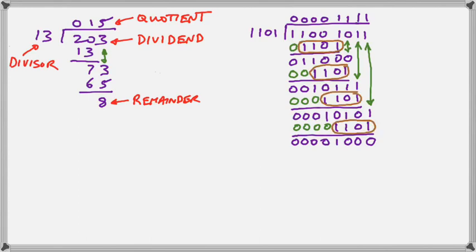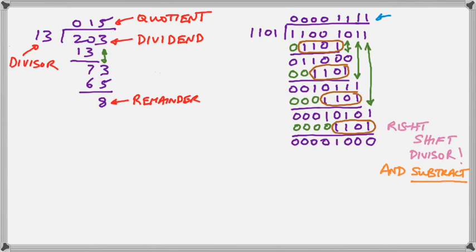And as we continue to subtract it in every row, we add an additional 0. So our 13 is moving to the right relative to the dividend. So we have to right shift the divisor to subtract it from the remainder combined with another bit from the dividend.